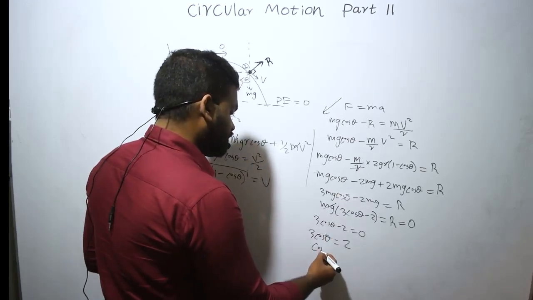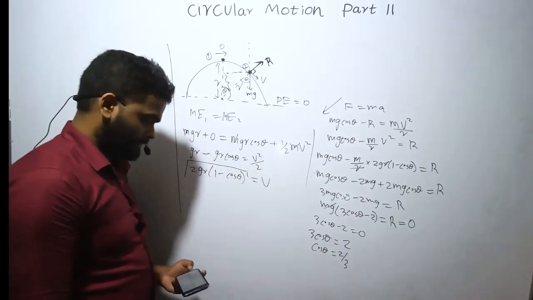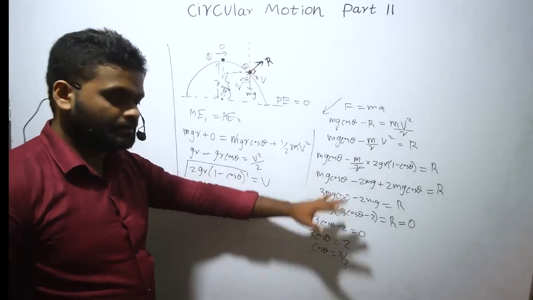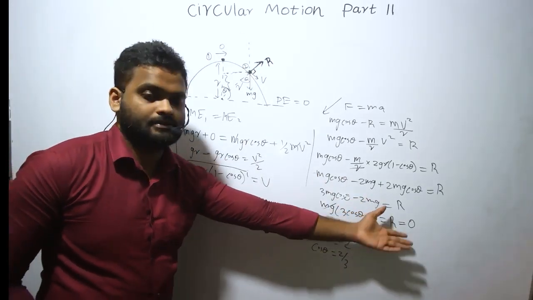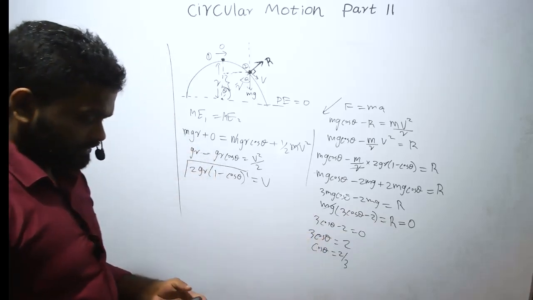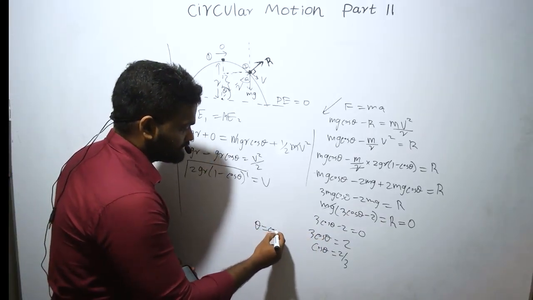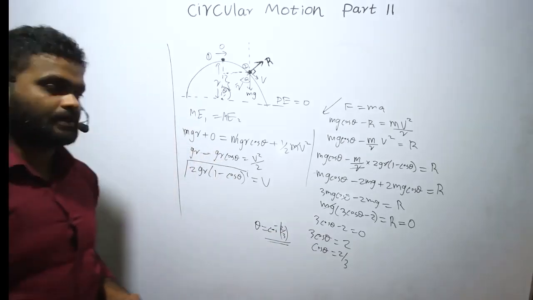Then cos theta is equal to 2 over 3. I'm not going to derive the whole thing again. Then just make it 0. So you can write this theta as cos inverse 2 over 3. So that's the value there.